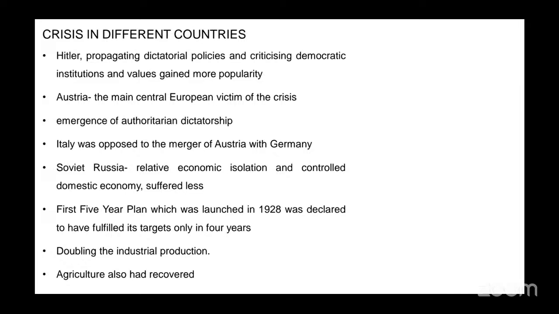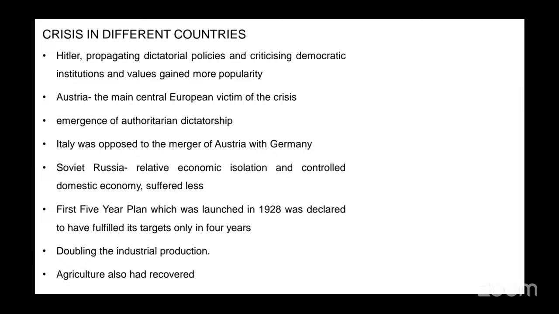So the anti-democratic and anti-liberal propaganda was gaining popularity. Now, if we talk about Austria, Austria was one of the main central victims of this crisis. In Austria also, an authoritarian dictatorship emerged, and Italy opposed the merger of Austria with Germany.